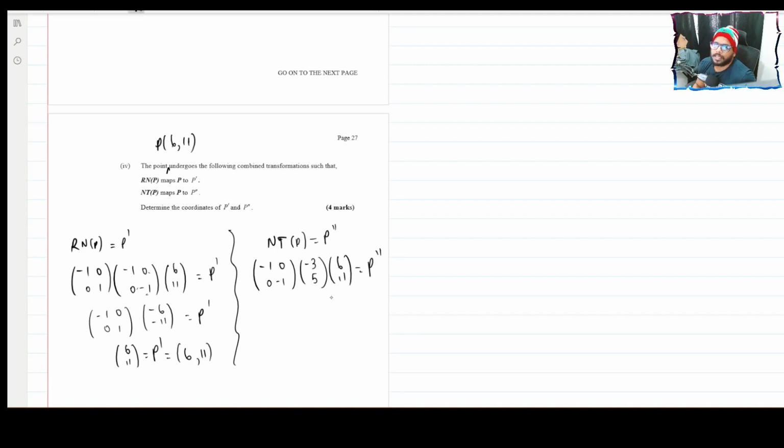So we will just add the matrices together because I'm performing a translation on the point P. Translating the point P, I'm going to get -3 plus 6 will give me 3, and 5 plus 11 will give me 16. I'll get -3, -16 when I multiply the matrices to give me P double prime.